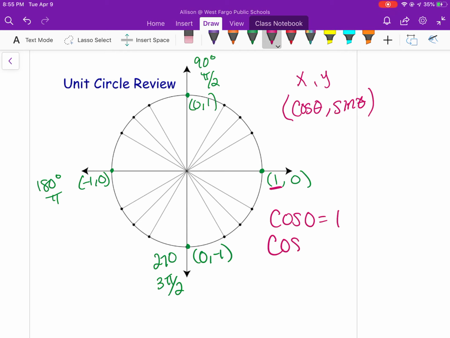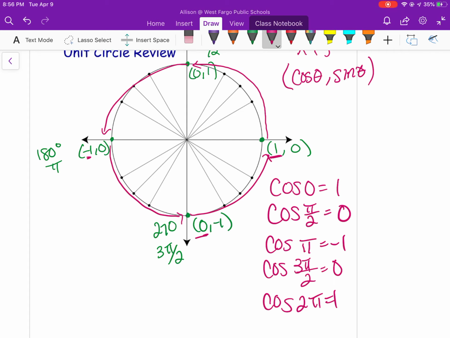Cosine of 90 degrees, or pi over 2, is 0. As our angle gets bigger, we move around the circle. Cosine of 180 degrees, or pi, is -1. Cosine of 270, or 3 pi over 2, is 0, the x-coordinate. And full circle back, cosine of 2 pi, or 360 degrees, is 1.